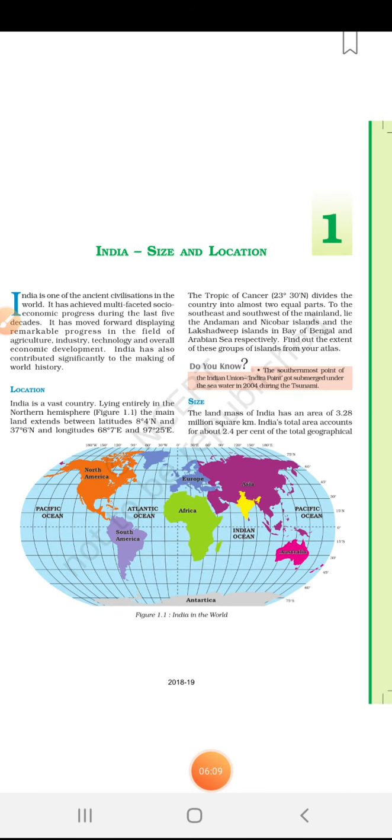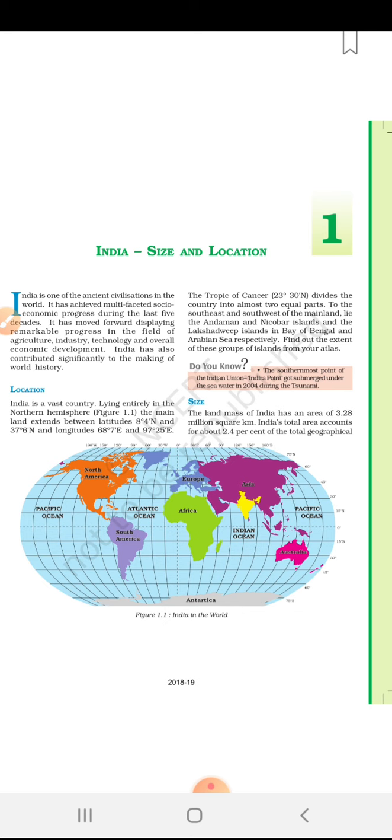So now we understood latitudes and longitudes. Latitudes are the parallels, and longitudes are the meridians. You should remember this.